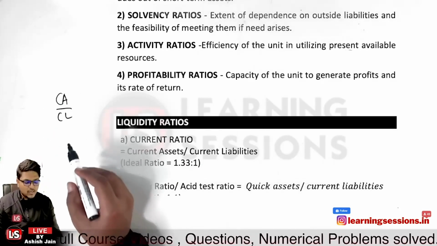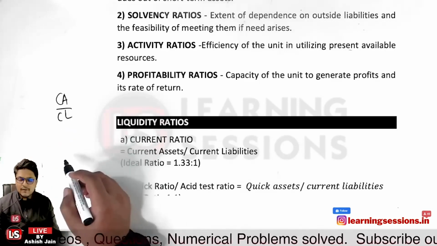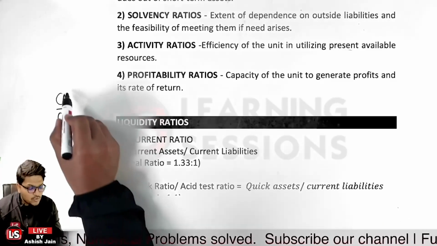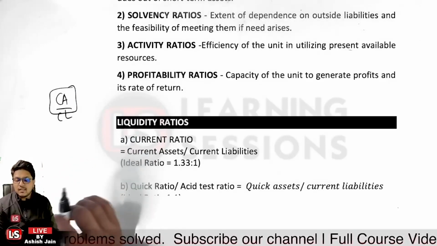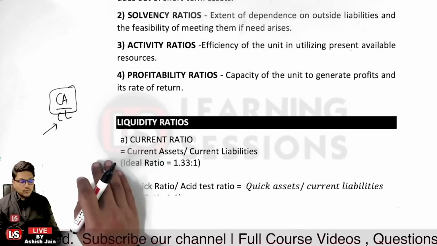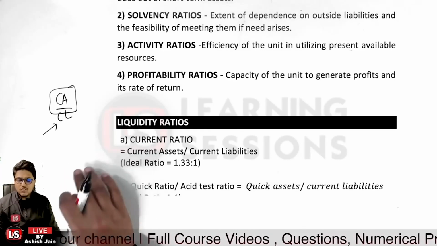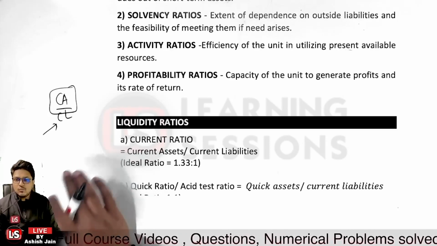Current liabilities are those which are to be paid off, and current assets are those like cash or stock that we have with us right now. So if the ratio is lesser than 1, in that case the company has to borrow the amount.